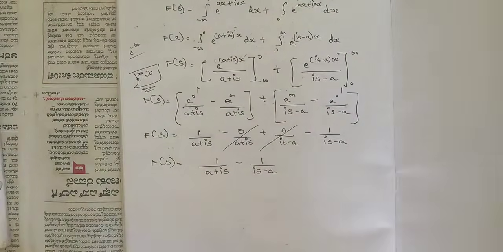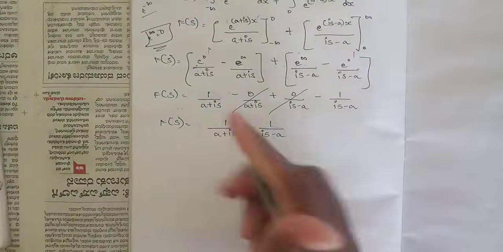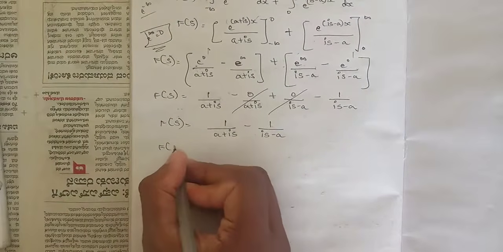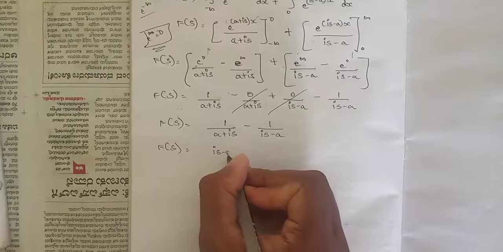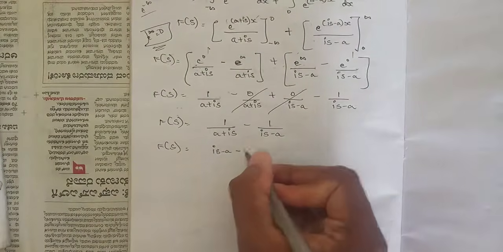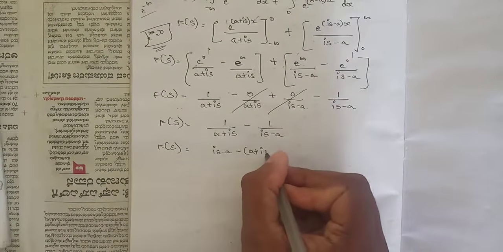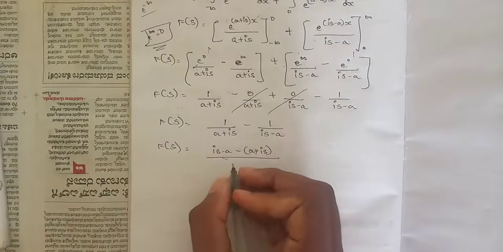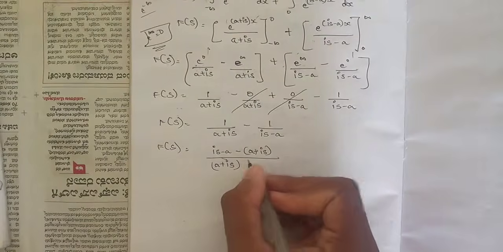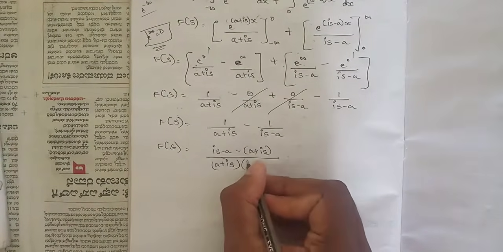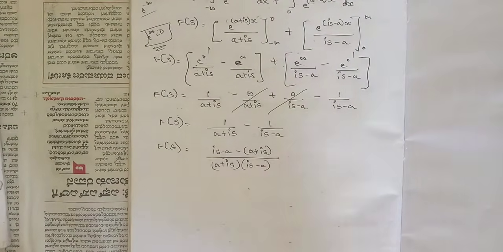Now the rest is the simplification part. We need to cross multiply with the common denominator, that is s minus a minus a plus s, divided by a plus s into s minus a.